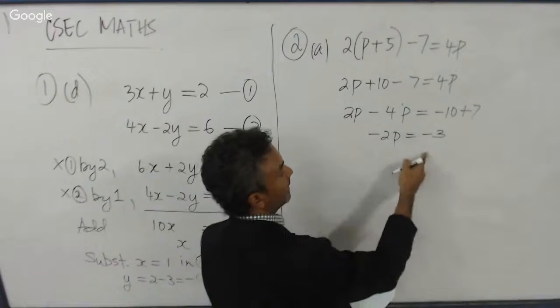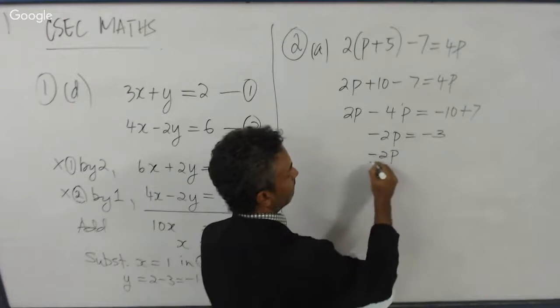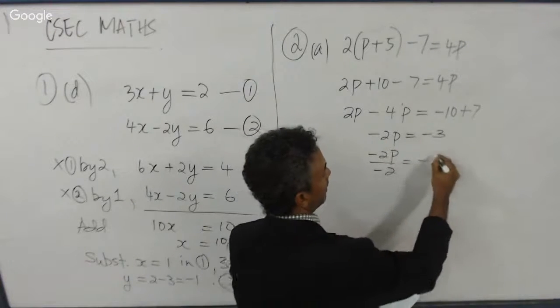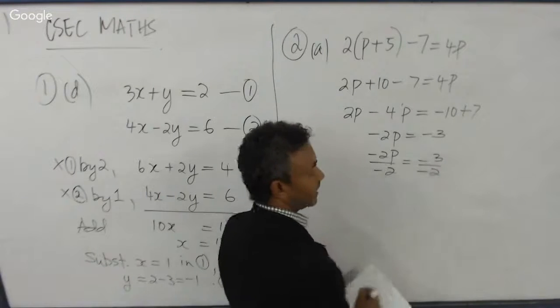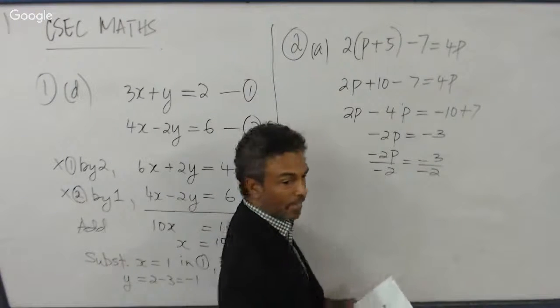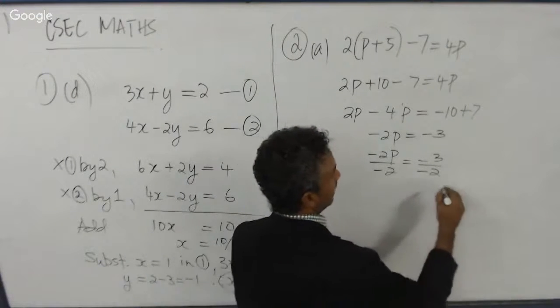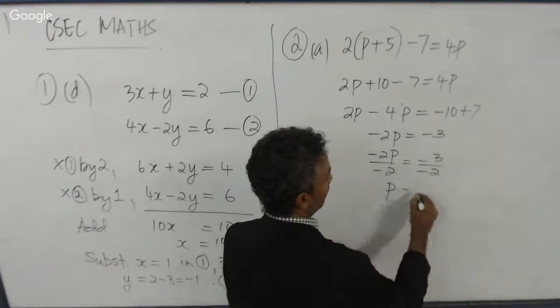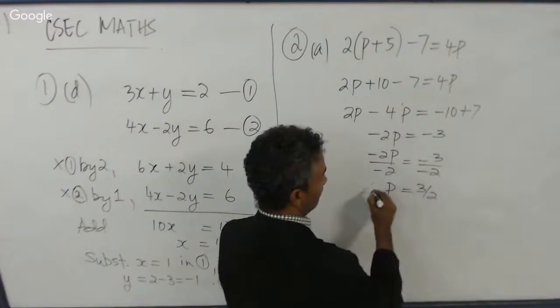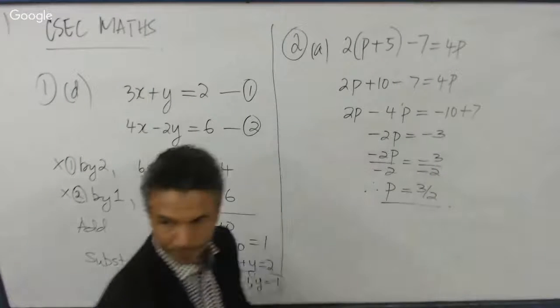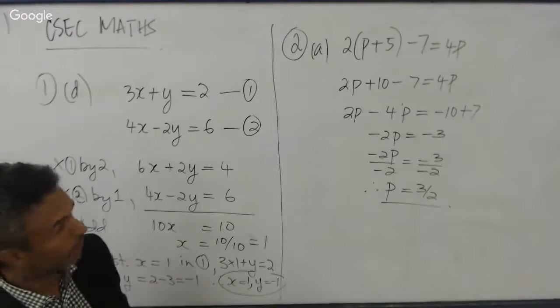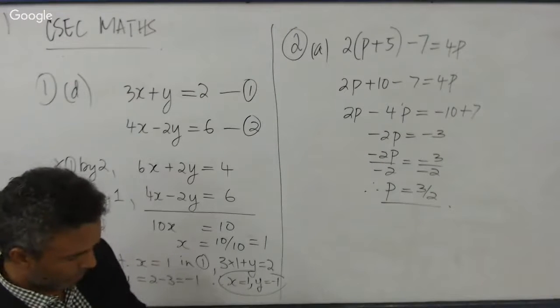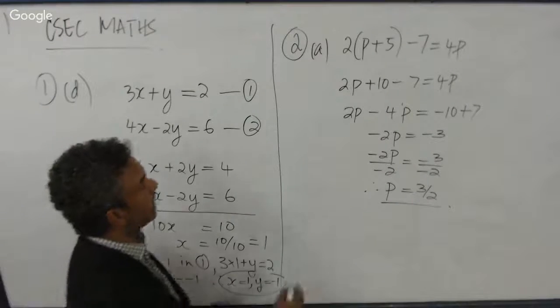Divide both sides by negative 2. A negative divided by a negative is a positive. So what we get is P equal to 3 over 2, or 1.5. Right. That's 2A.